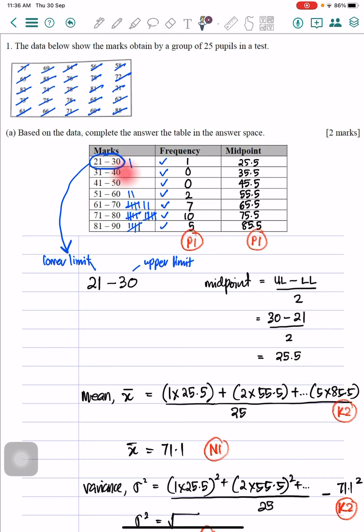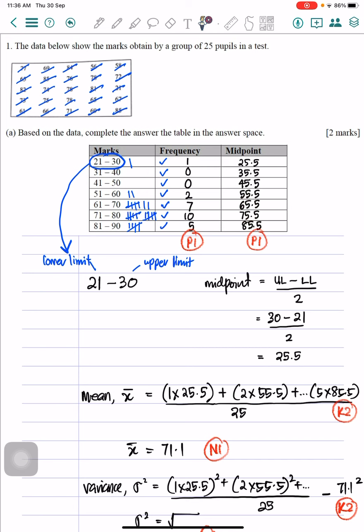Continue for the next class interval, you just substitute the upper limit minus the lower limit divided by 2, and you will get all these midpoint values. You can see there is a pattern, a sequence for these numbers. The digit at the back is all 5.5, starting with 2, then 3, 4, 5, 6, 7, 8.